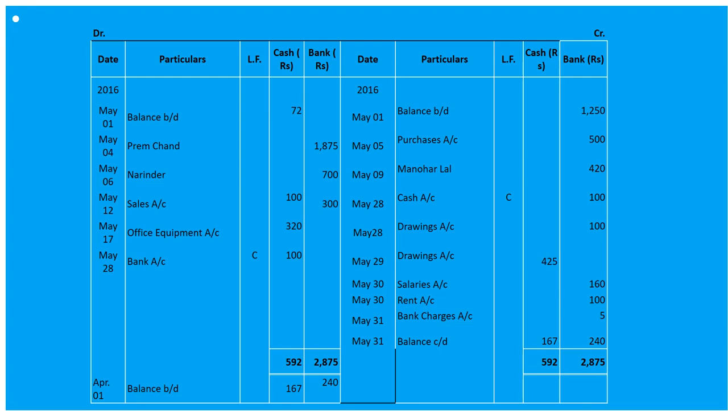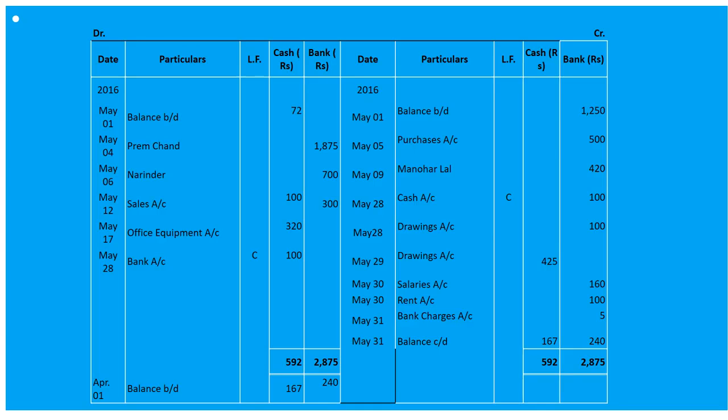On 28th, now the entry is withdrew from bank for office use and for personal use. So by drawings account, they are saying office use 100 rupees, and for personal use it will be 100 rupees by drawings. For office use we will do the contra entry: to bank account, by cash account.